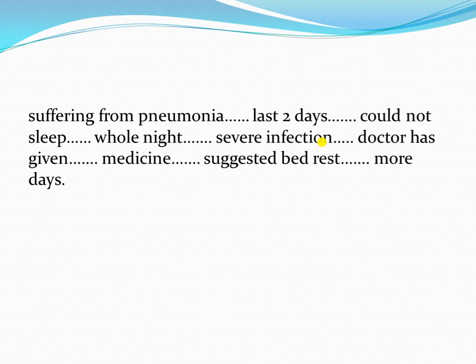I have had pain for the whole night. I have a severe infection. When I went to the doctor for examination, the doctor advised me to take medicine properly and also suggested bed rest for more than 2 days." You may write different days.